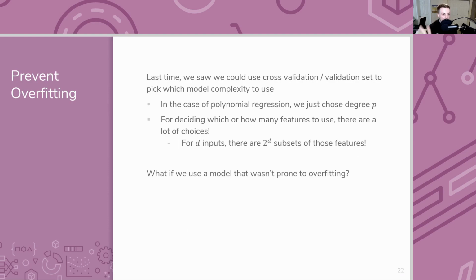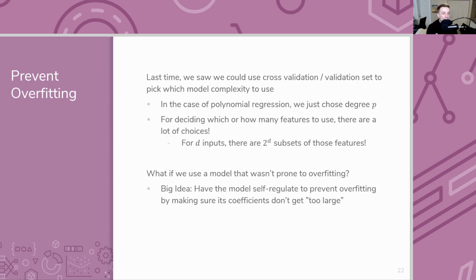And the big idea we're going to introduce in class is making models that regulate themselves. What I mean by that is a model that is aware of what happens when it overfits, namely the coefficients get large. So is there a way to bake into the model, or into the ML pipeline, a mechanism to stop overfitting?